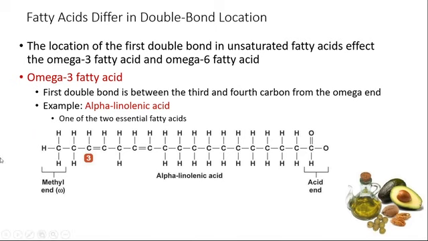So an omega 3 fatty acid has the double bond at the third carbon from the omega end. So 1, 2, and 3. You can have another double bond here or here, but the naming will go from the omega end. So this is alpha linolenic acid, and here you have the carboxyl end.